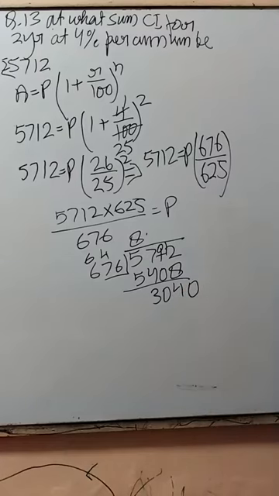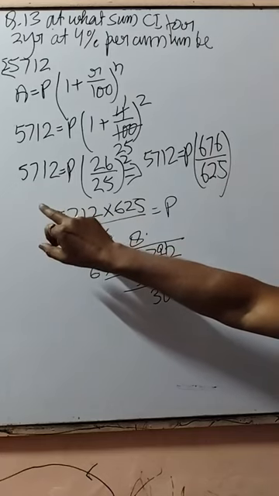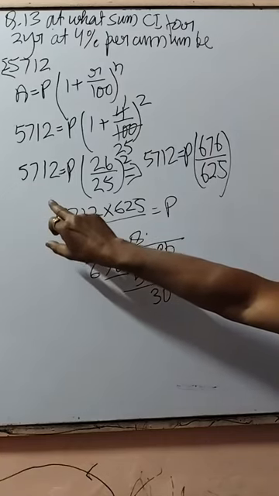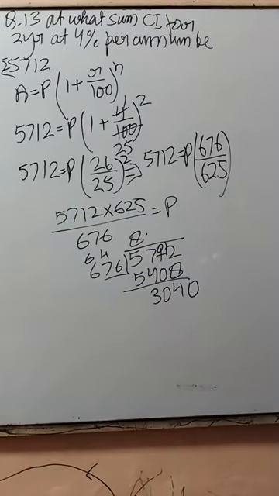Now this is correct, 5,712, 2 years at 4% per annum.